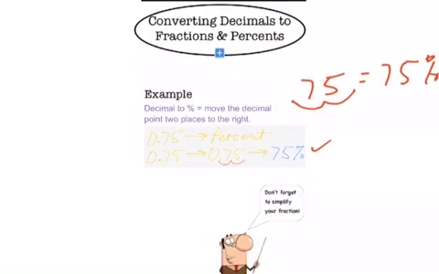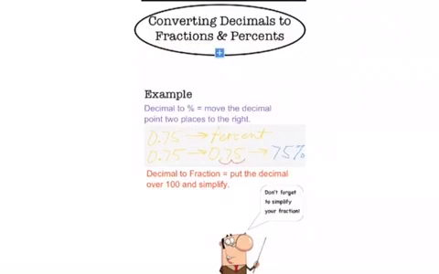Okay, well then, how do we turn a decimal into a fraction? We just figured out how to turn it to a percent. How do we turn it into a fraction? Well, remember, our example is 0.75. So what we're going to do, the new information says, we are going to put the decimal over 100 and then simplify. So the example looks like this.